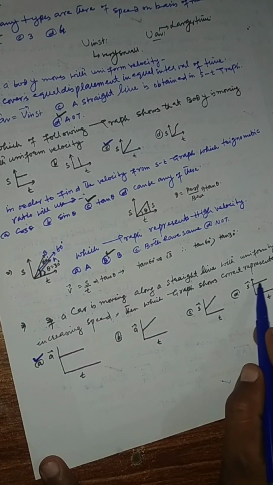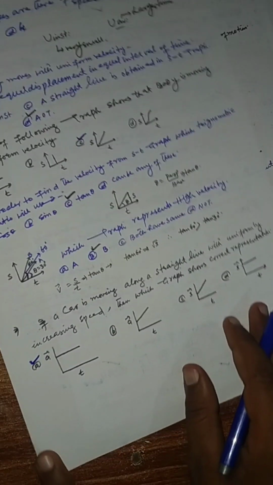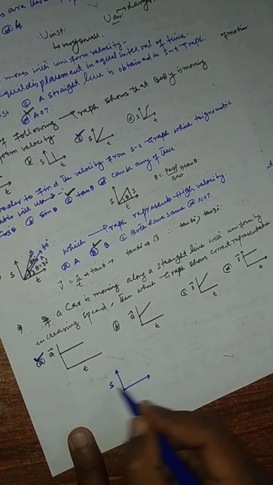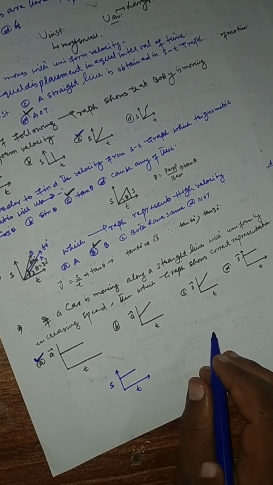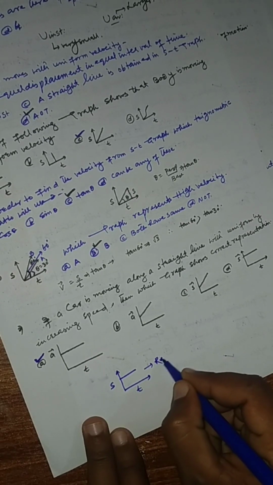This shows the displacement is constant, and it means the body is at rest. So this ST graph shows the body is at rest.